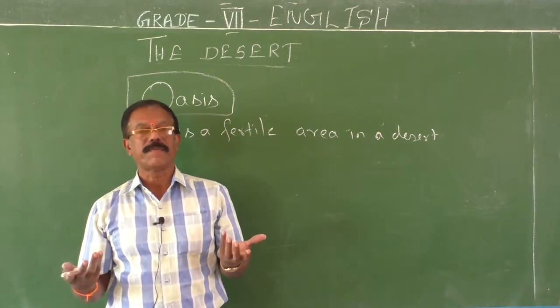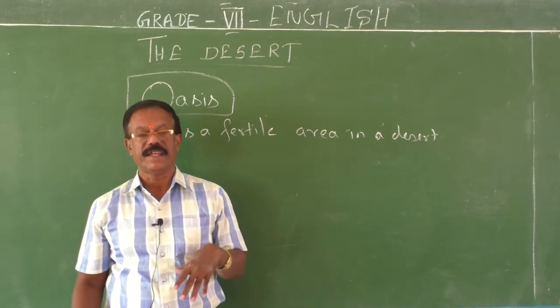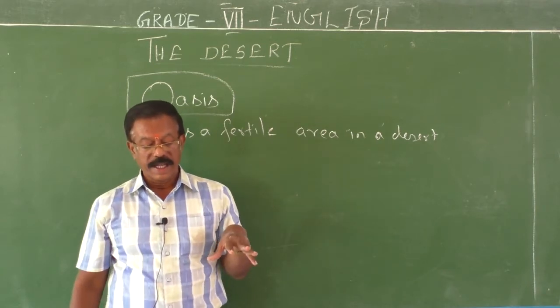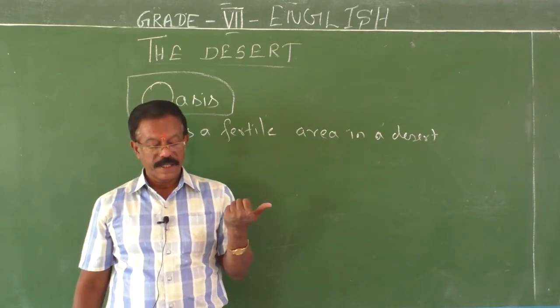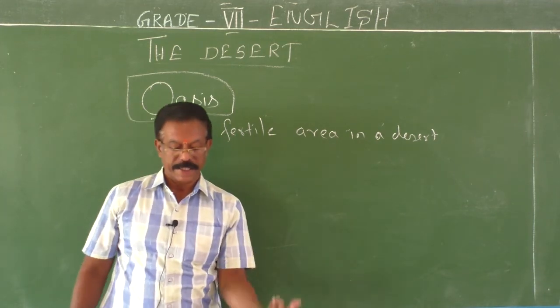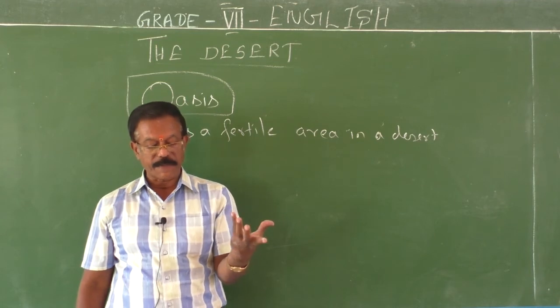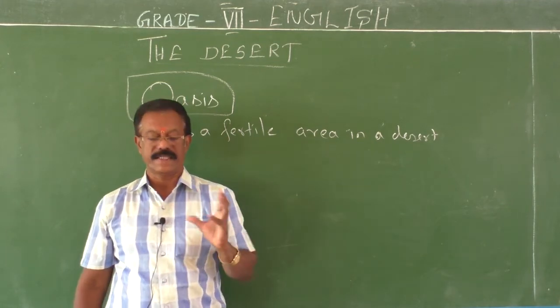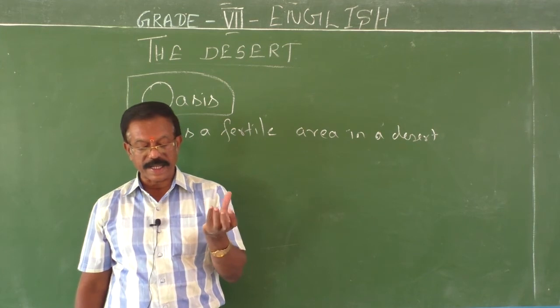You can find some good plants in the desert area, in the oasis. An oasis is a place in a desert where water comes up to the surface from deep underground. Trees and other plants grow around an oasis. An oasis is a lush green area.